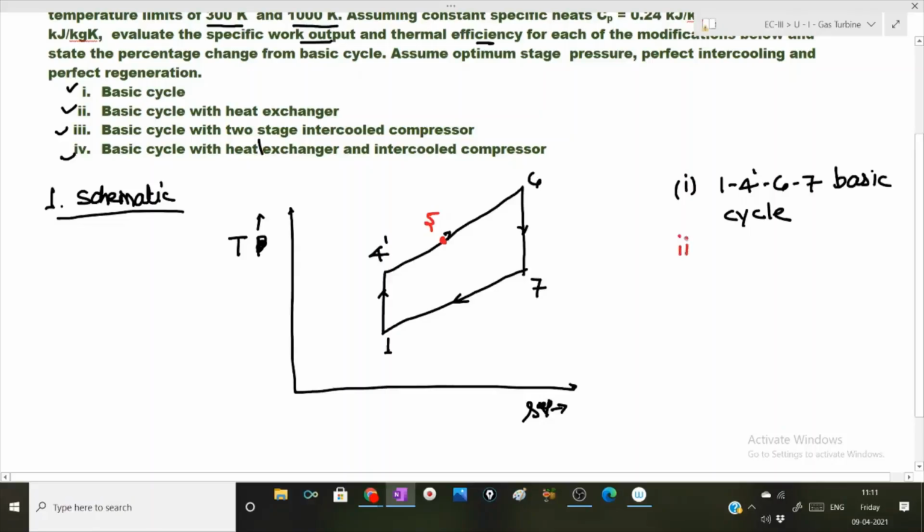So on the same cycle, if I consider cycle 1, 4 dash, 5, 6 and 7, this is basic cycle with regenerator.